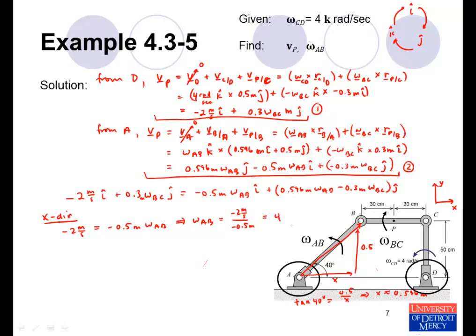The meters cancel. We're left with units of second in the denominator, and it's implicit that there's a radians in the numerator. And so that's what our omega AB is, and that's one of the things we're attempting to find. We're also trying to find the velocity of the point P altogether, and so we also need omega BC. We'll be able to find that by using the y direction equations.